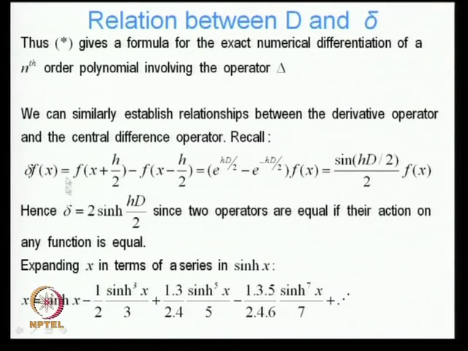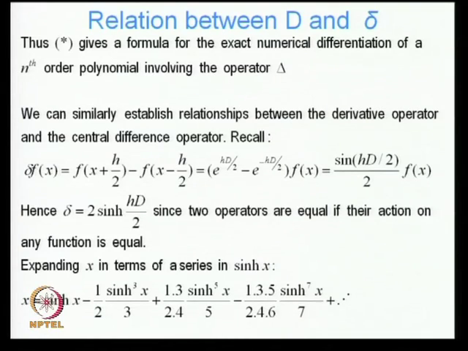So, this central difference operator operating on f of x is equal to this operator operating on f of x. So, I can say that my central difference operator is equal to this operator, because we said before that equality of operators means equality of the results on the same function.